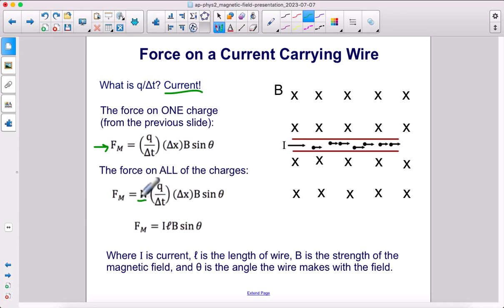If you take n and multiply it by Q, that is delta Q, the amount of charge per delta T. Therefore, delta Q over delta T is current, I. So I is current. L, this is how it looks on the AP equation sheet. So they have the curly L. L is the length of wire, B is the strength of the magnetic field, and theta is the angle that the wire makes with the field.